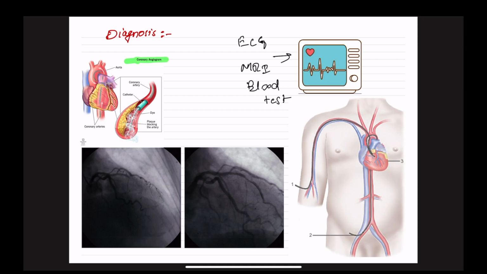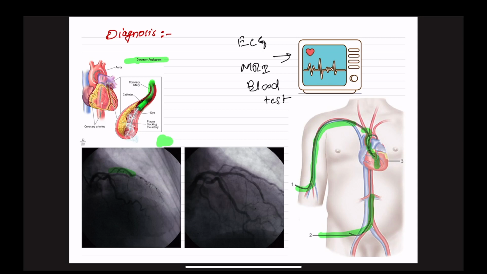What happens in an angiogram is a catheter is passed through an artery in the arm or in the leg. This catheter is inserted into the aorta and into the coronary artery. While it is in the coronary artery, a dye is injected, which tells you how much the artery is blocked.